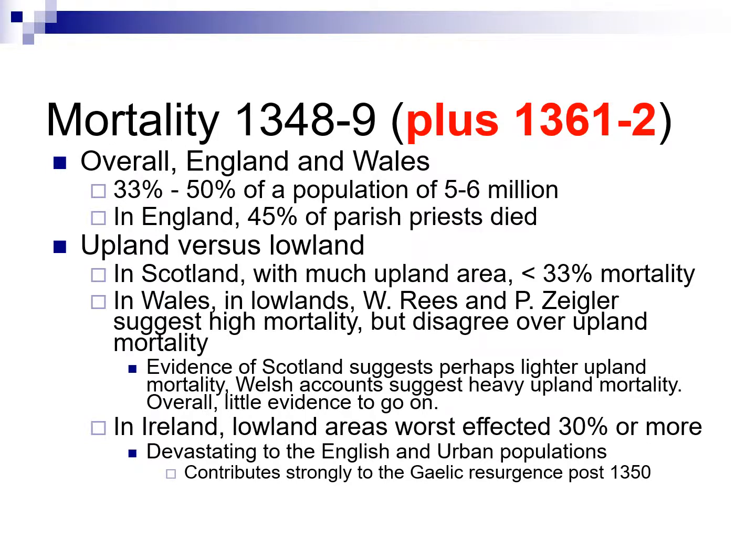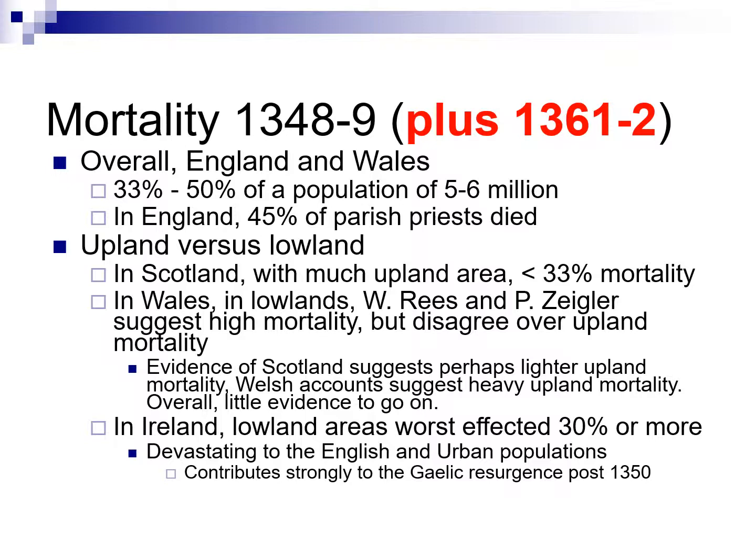In Ireland, lowland areas are worst affected, and there's perhaps 33% mortality or more. What's really important to take away about Ireland is that the English colony there, the English settlers, they tend to live in nucleated settlements in relatively densely populated lowland areas, certainly much more populated than upland native areas.